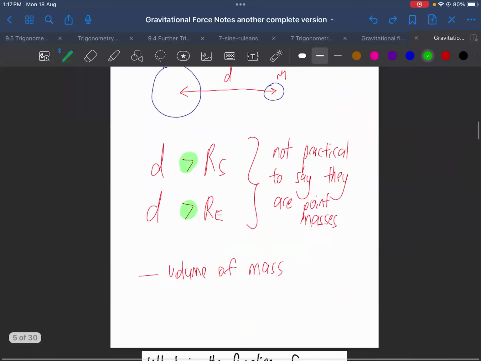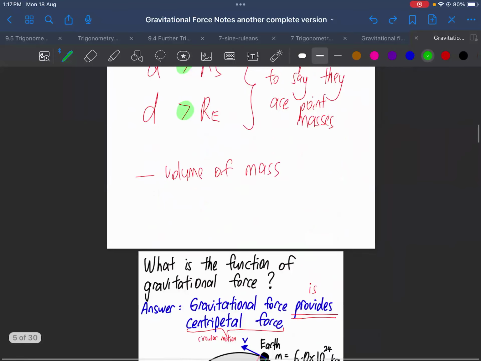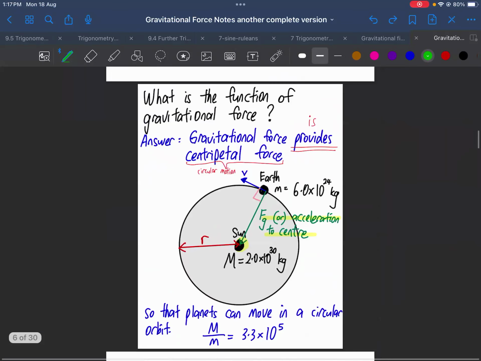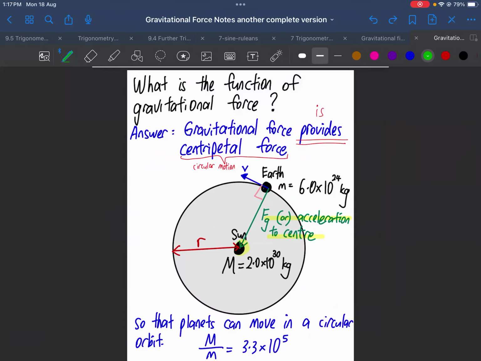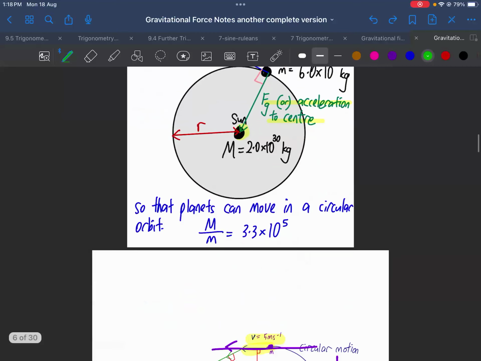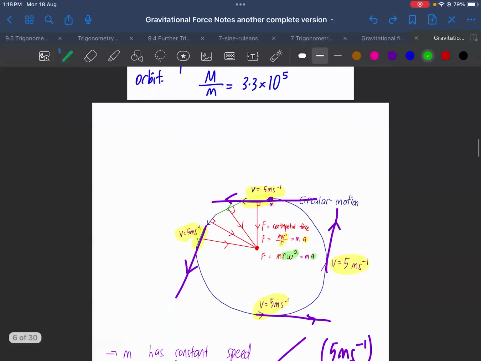Okay, so you know that the reason why the Earth can rotate around the sun is because of the gravitational force. Gravitational force provides centripetal force. Or in simpler English, we can simply say that gravitational force is exactly the centripetal force. They are the same thing. All right. Okay.